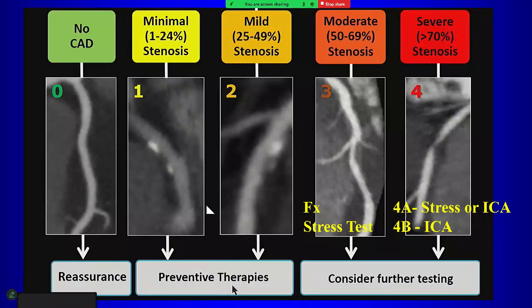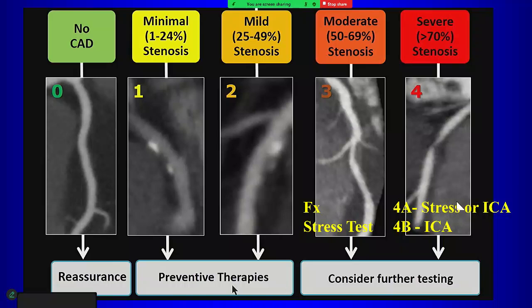Again, that patient is not going to require any further imaging workup. When we get to moderate stenosis, 50 to 69%, that's a score of 3. And there, further evaluation is recommended, some functional evaluation, such as a stress test, looking for evidence of ischemia. And then if it's severe stenosis, greater than 70%, it depends on whether it's 4A or 4B.